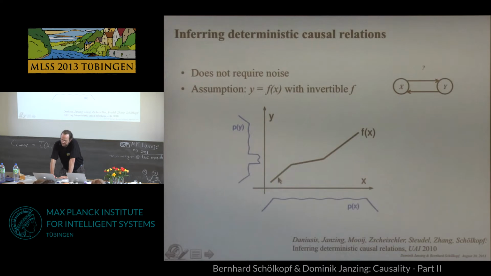But if this function is non-trivial, so where this function is flat, then all this mass of the density in this flat area is concentrated in this relatively small interval of y's, just because the function is flat here intuitively. So if you imagine you sample points from this distribution, you propagate them through the function, a lot of them will end up in this area just because the function is flat.